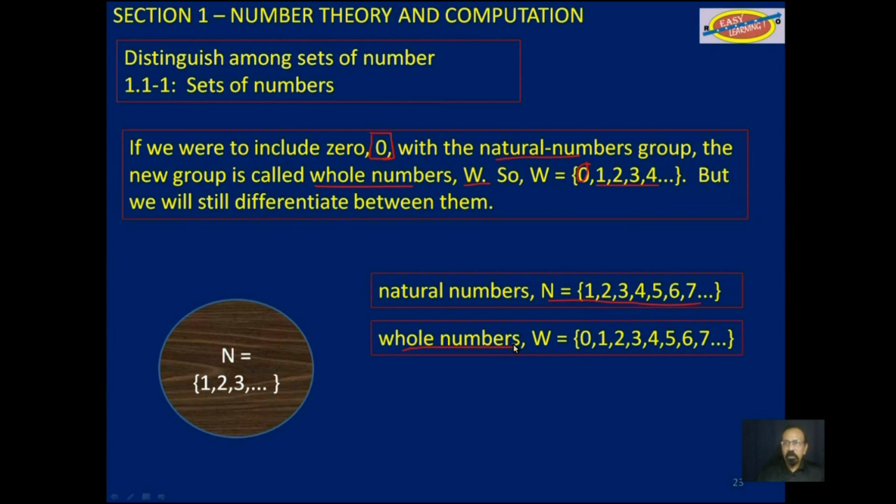Whole numbers would include the 0 and the counting numbers. So if we were to put them in a diagram, we could see that all natural numbers are part of the whole number group, but 0 that is part of the whole number group is not part of the natural numbers.